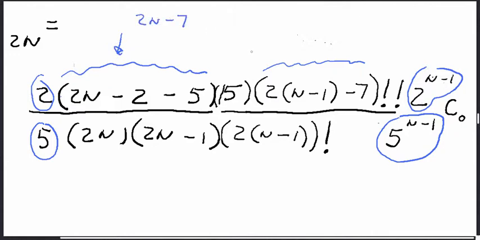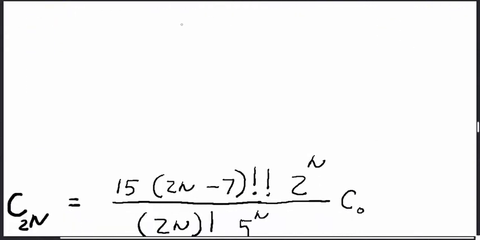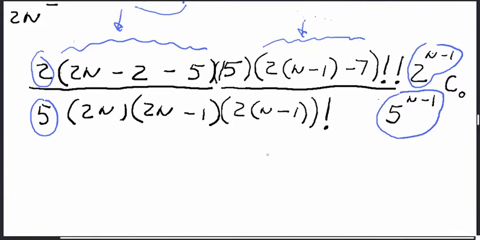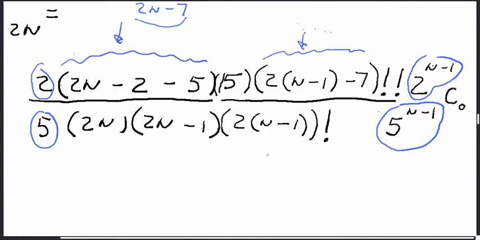And up here, this double factorial would have ended with 2 times n minus 1 minus 7. So by throwing this one in, you in fact do get this right here, this 2n minus 7 double factorial. We have the 15. That's good.